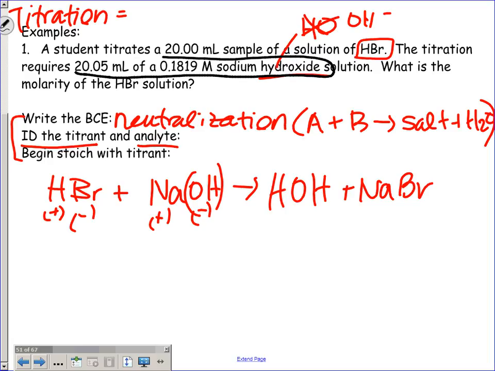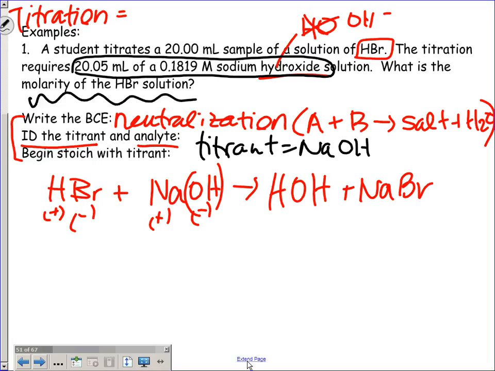We know the titrant, which is the known, is sodium hydroxide because we know both the volume and the molarity for it. We're analyzing information about the molarity of HBr, so that must be the analyte. Okay? And so then I'm telling you, begin the stoichiometry, which is the process of canceling units with math, with the titrant. So here's me modeling that for you, okay?